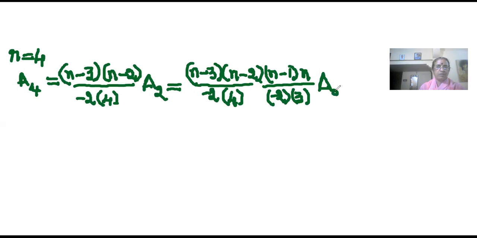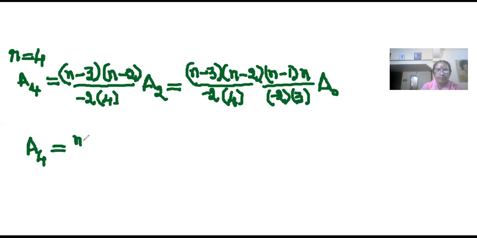We can redefine and say: when it is 4 or equal to 4, 2 times we are getting minus into minus. So we can write this as A4. In the numerator, we are getting 4 factors. What are they?